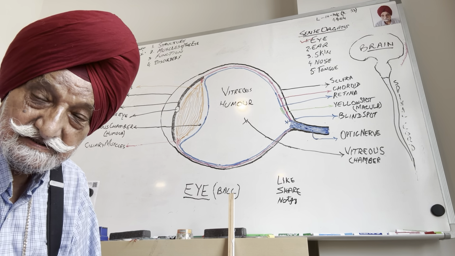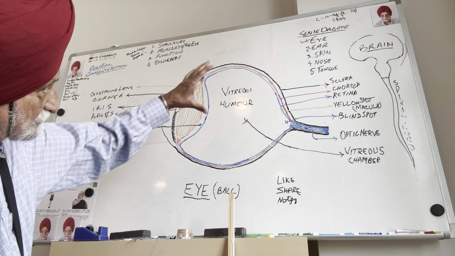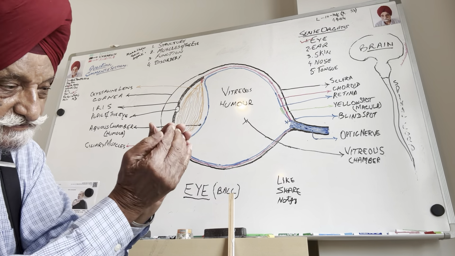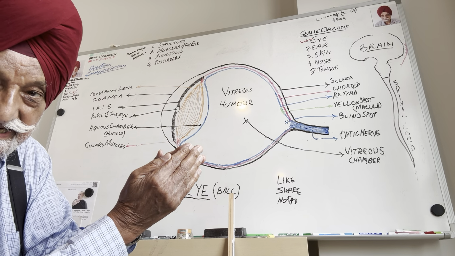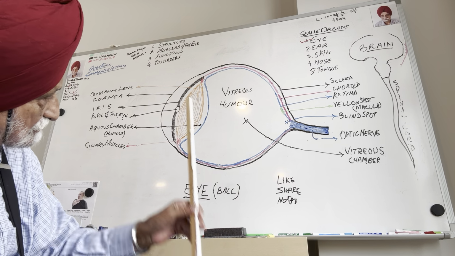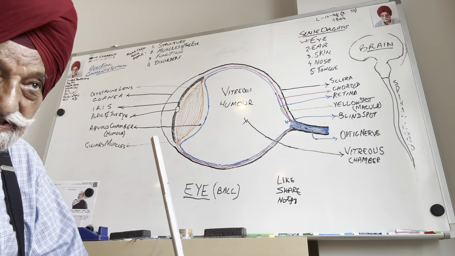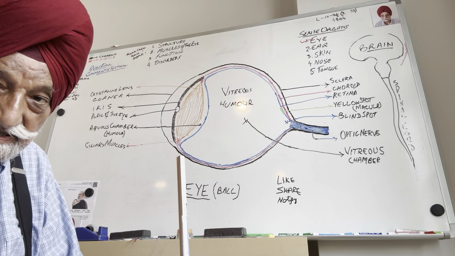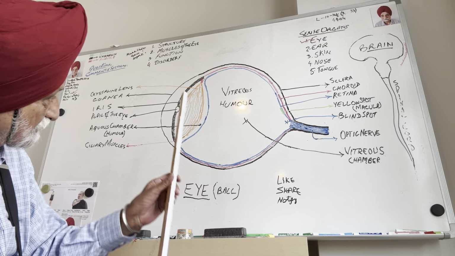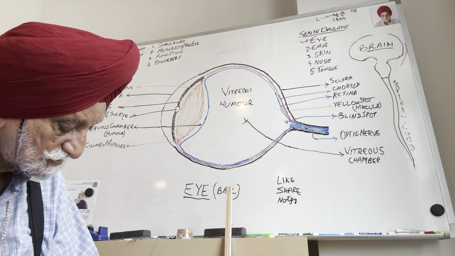Now, there are certain muscles on the ball of the eye which can press the ball of the eye like that and increase the distance between the lens and the retina, thus increasing the focal length of the lens. And those muscles can decrease it also.